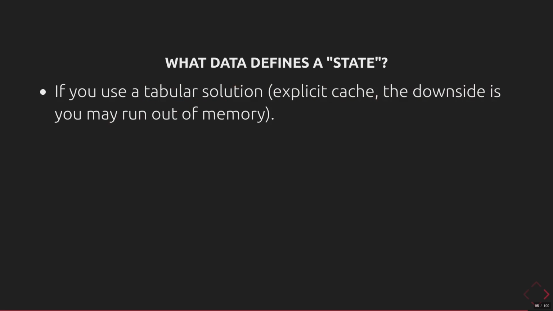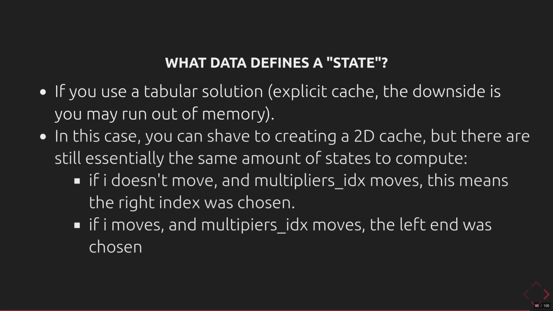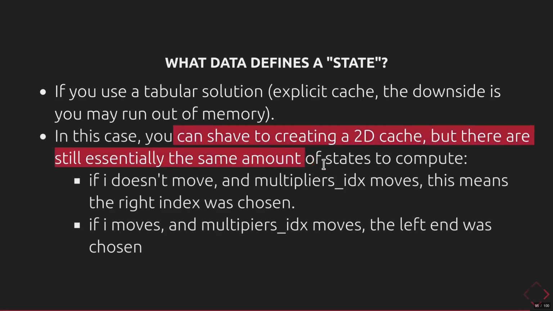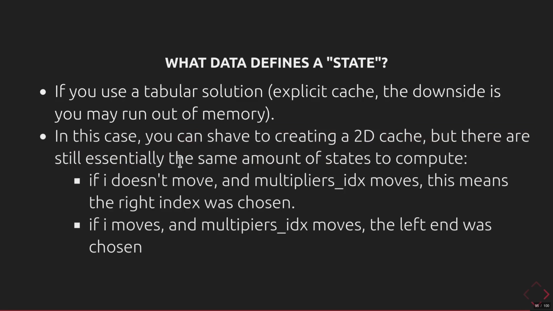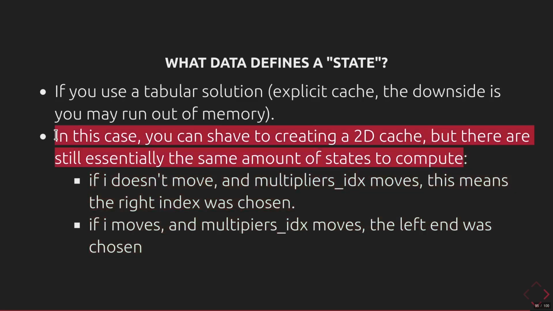With those explicit grid problems, it's much easier to write them in a tabular approach. But get comfortable with the recursive stuff first, okay? There is a trick to it. You can shave off to create a 2D cache instead, but it's still essentially the same amount of states to compute. Remember, when you use a tabular approach, you're not going to save on time complexity. You're going to save on space complexity.